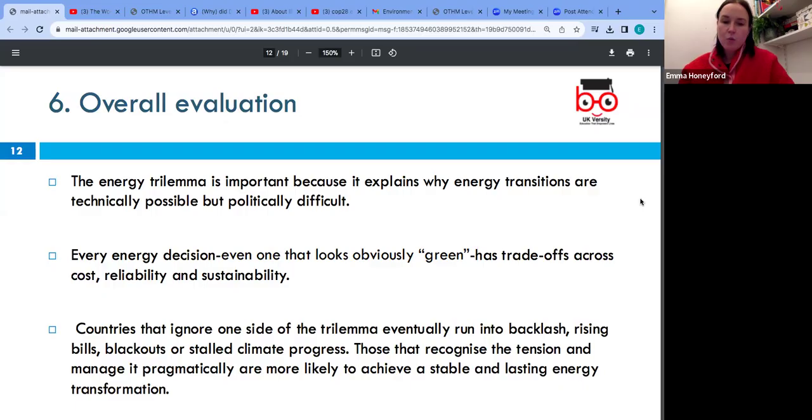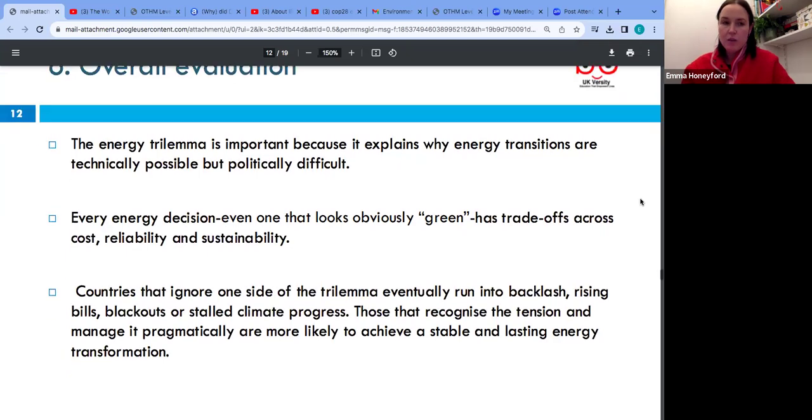Countries that ignore one side of the trilemma eventually run into backlash, rising bills, blackouts or stalled climate progress. So it's really important for any country to understand and assess each dimension of the trilemma triangle, so that you can begin to have a system-based approach. Those that recognise the tension and manage it pragmatically are more likely to achieve a stable and lasting energy transformation.